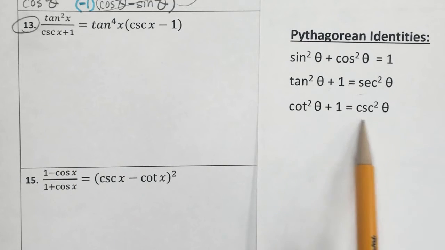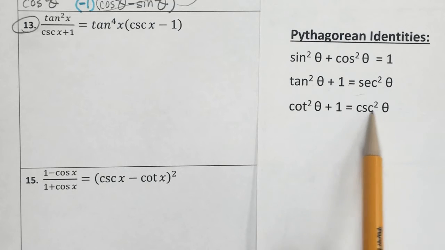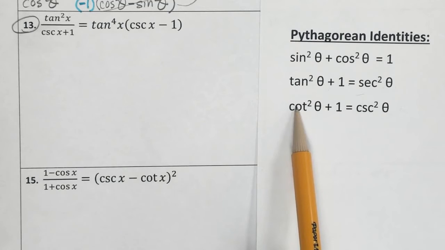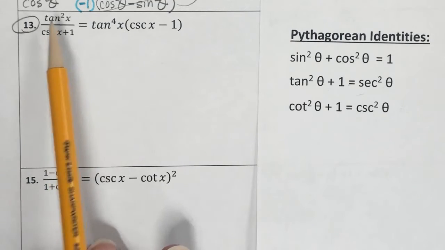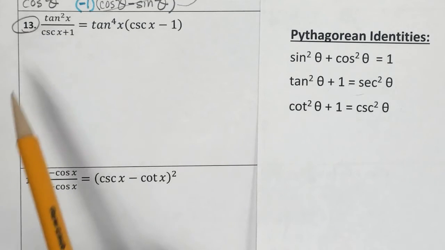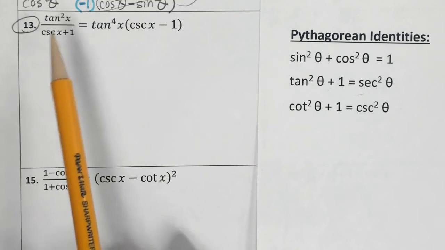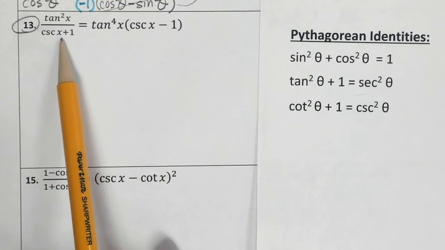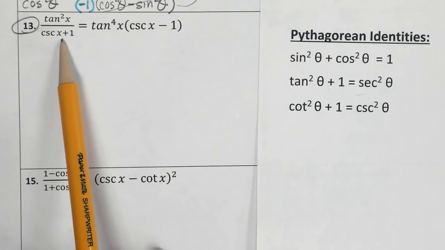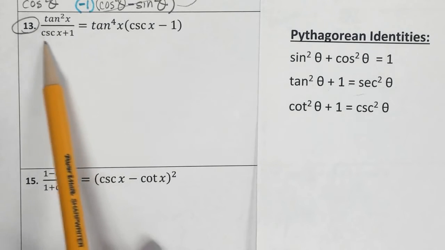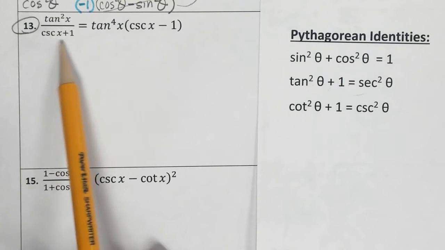I can subtract that 1 over here and get cosecant squared minus 1. That would equal cotangent squared. Oh, and that plays very nicely with a tangent. So you are going to use the conjugate on this one. If you multiply by the conjugate of the denominator, and sometimes it's the numerator on some problems, but this time it's the denominator, then I can make the denominator go to the cosecant squared minus 1.